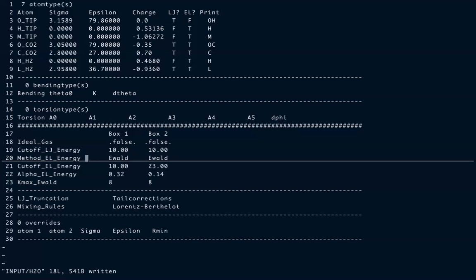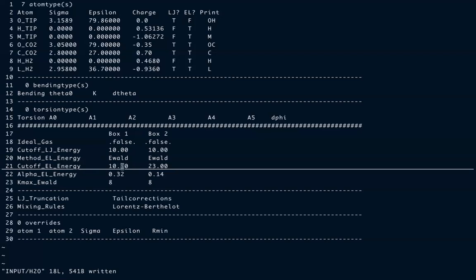Now, for the electrostatic energy, we use the Ewald summation, similar to the PPPM method in LAMMPS. The cutoff length for the electrostatic interactions in box 1 is 10 angstroms, but in box 2, we keep the electrostatic interactions to a length of 23 angstroms.